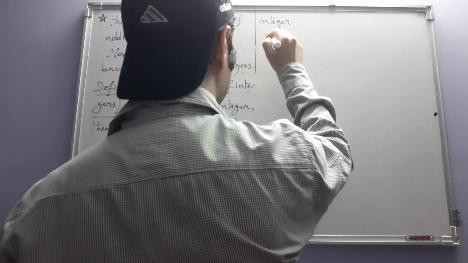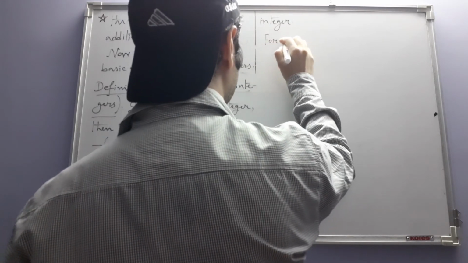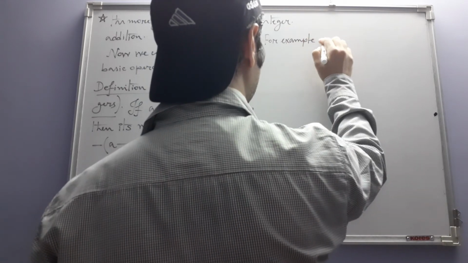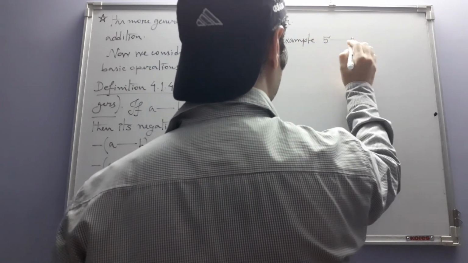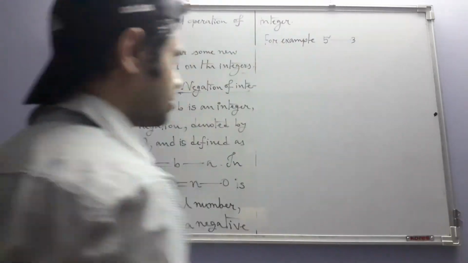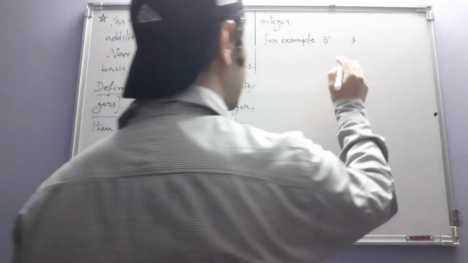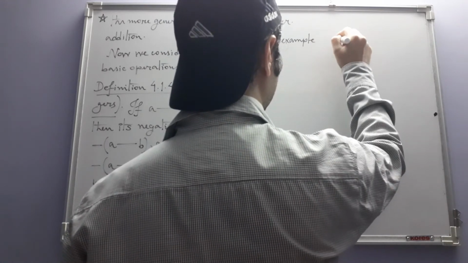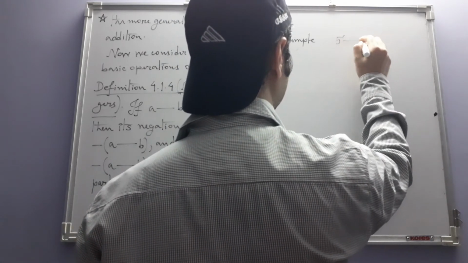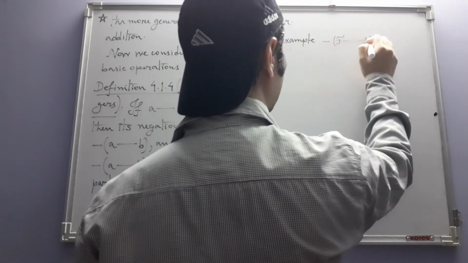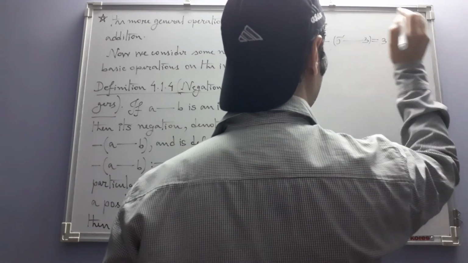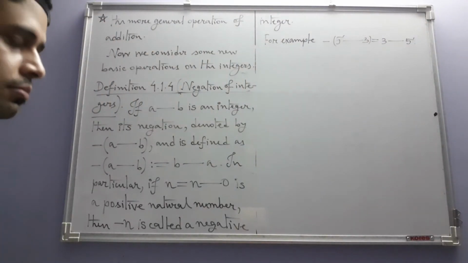For example, 5—3. Okay, this is an integer. Its negation will be 3—5, according to our definition.